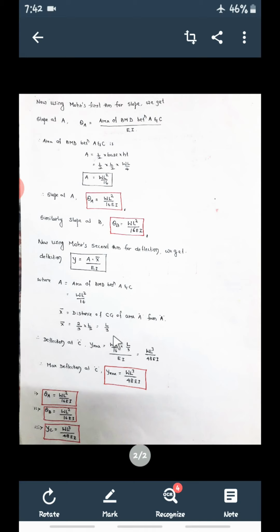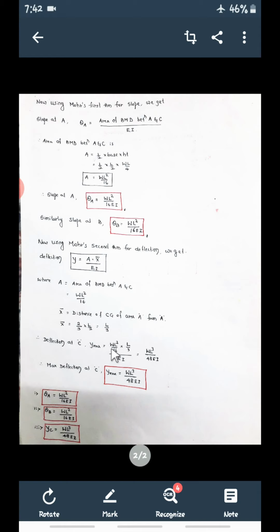Therefore the deflection at C, the center below the point load, is the maximum deflection. Here y indicates deflection and theta indicates slope. Remember, slope means theta, deflection means y. It is maximum at C. So y max is equal to A into x bar, substituted in the formula.